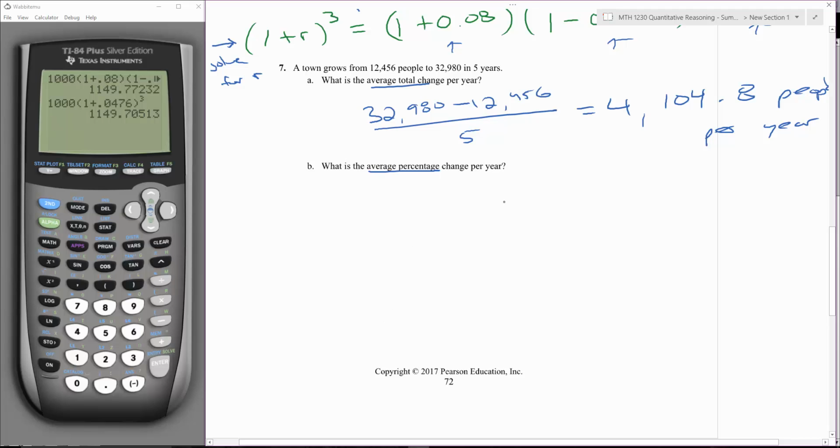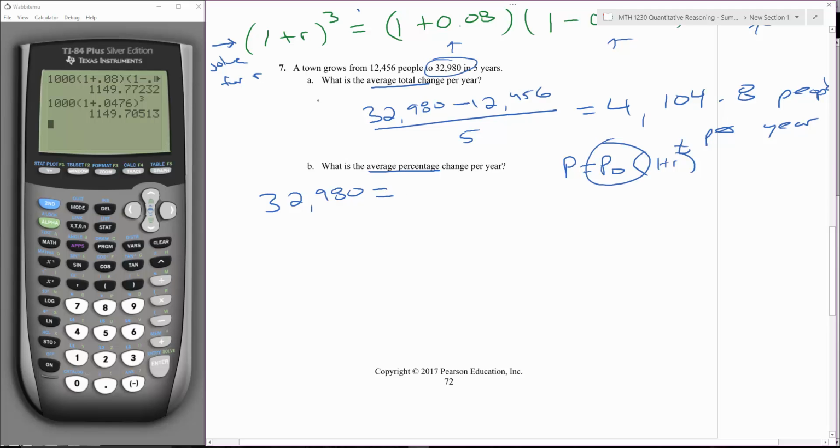So to find the average percent change, I would want to use the idea that we just did above. This was in 5 years. So we would have 32,980. I'm using this equation, P equals P naught times 1 plus r raised to T. My P is my end value, the 32,980.